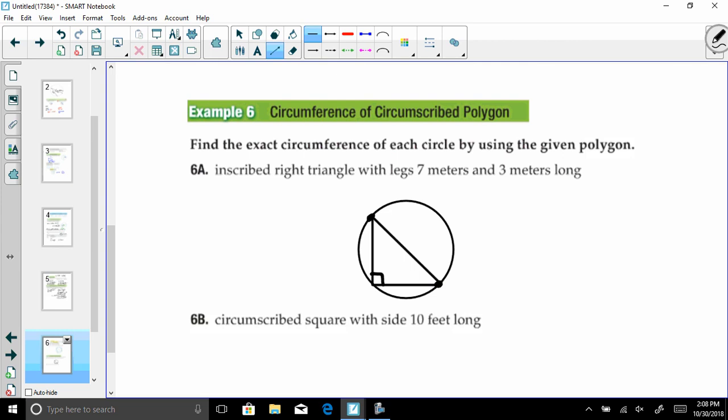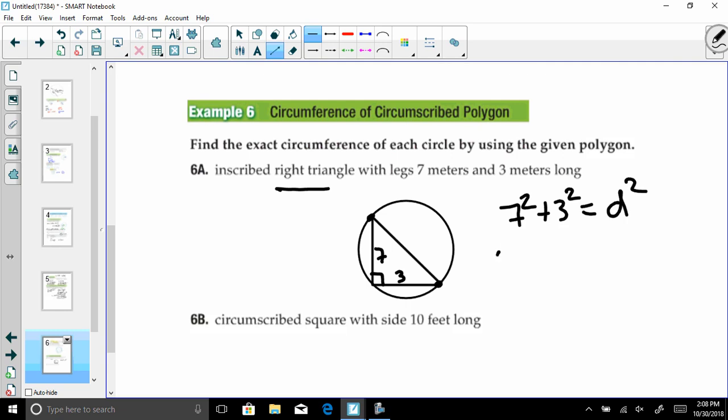We're told it's a right triangle, so it intersects the diameter, so that segment is a diameter. This right triangle has legs of 7 and 3 meters long each, so we can use the Pythagorean theorem here. 7 squared plus 3 squared gives me my diameter squared. That gives me that hypotenuse, which is the diameter.